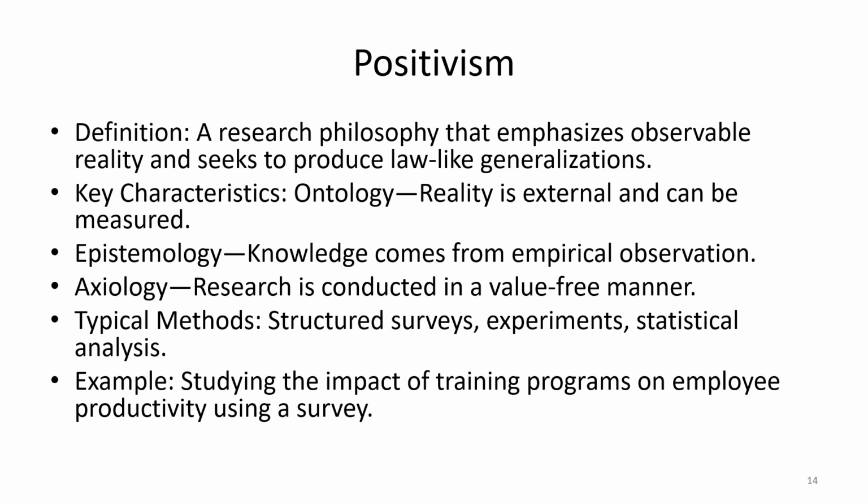It's a value free research, which means axiology is value free. The interference of the researcher is minimal. The researcher is neutral and independent, and tries to maintain as much as possible an objective stance.